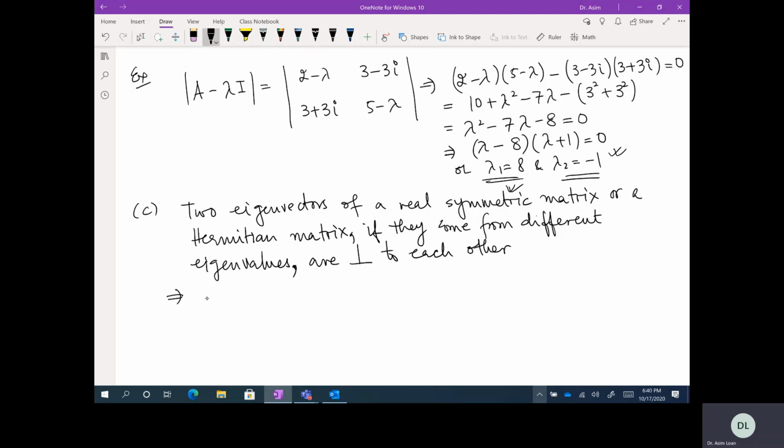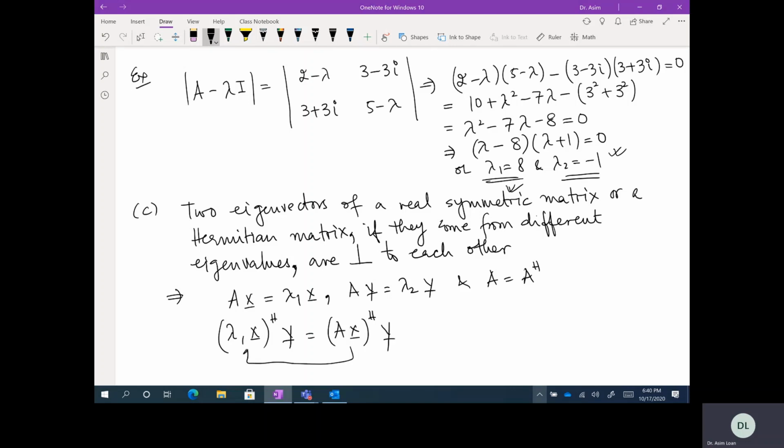So the proof here is Ax equals lambda 1 x and Ay equals lambda 2 y and A equals A Hermitian. Okay, so if I do lambda 1 x Hermitian with y, this should be equal to Ax Hermitian y.